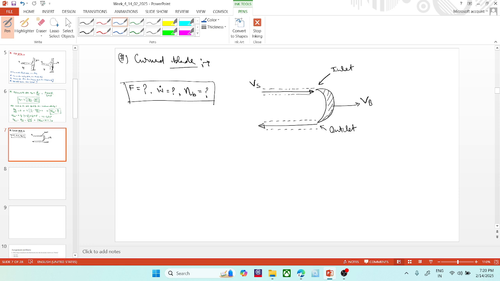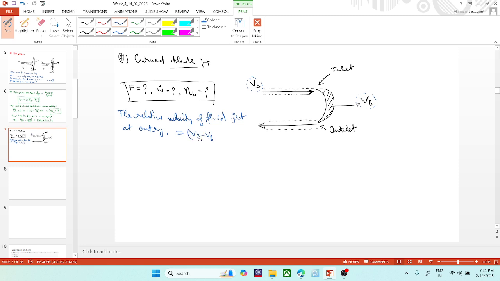Starting with the relative velocity of the fluid jet at entry, the relative velocity would be Vs minus Vb.